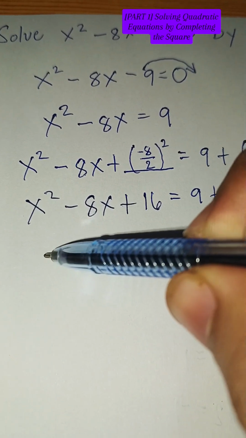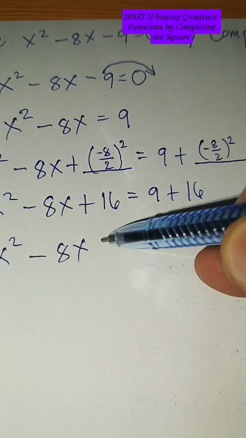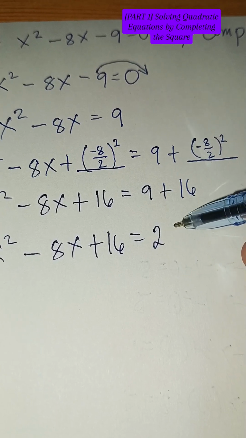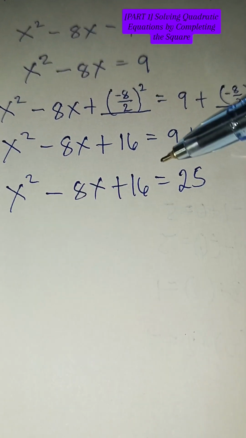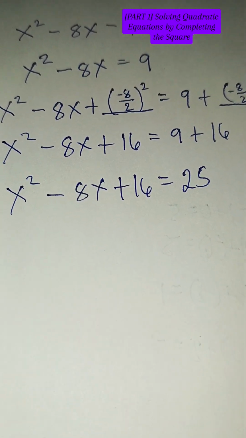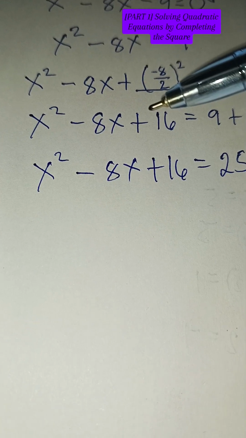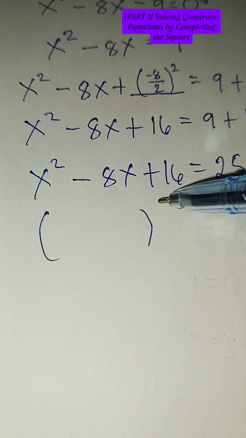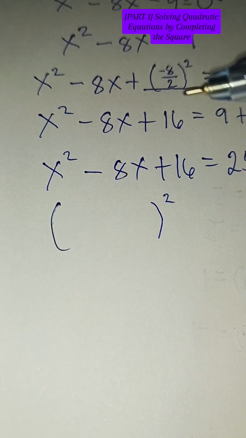Then we have x squared minus 8x plus 16 equals 25. As you have noticed, the equation on the left side has become a perfect square trinomial. If we factor a perfect square trinomial, the result is a sum or difference of squares.